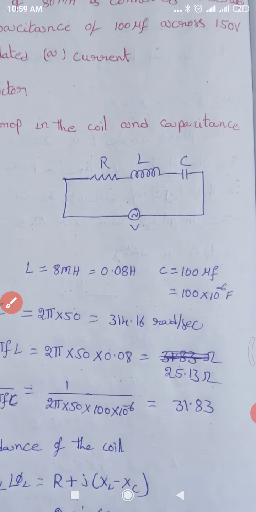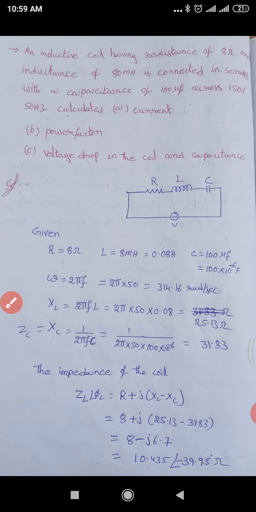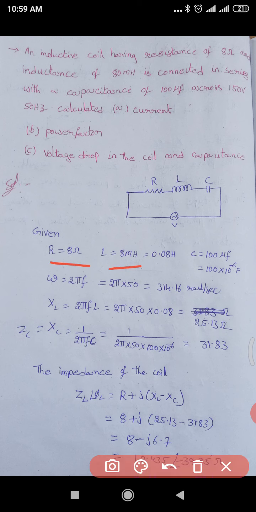And after that, for every problem we have to write the data given. So resistance R is equal to 8 ohms, inductance is equal to 80 millihenries. Milli means 10 to the power of minus 3, that's why I am writing 0.08 henries, and capacitance C is equal to 100 microfarads. Micro means 10 to the power of minus 6, so I am writing like this.